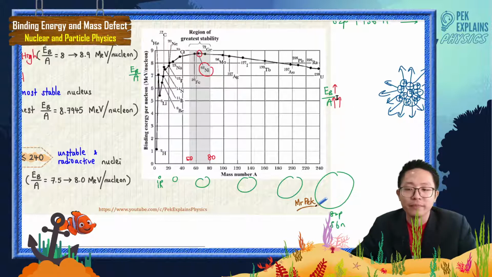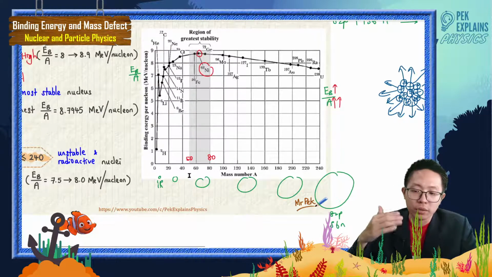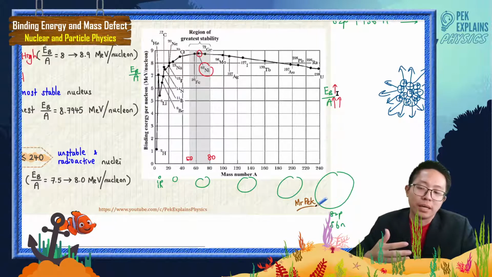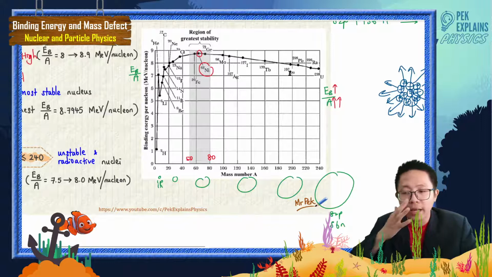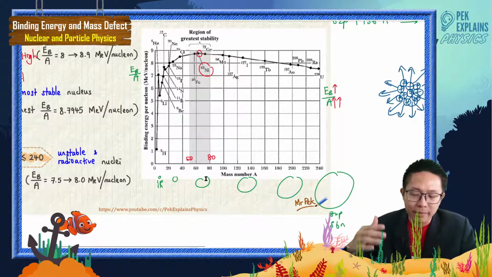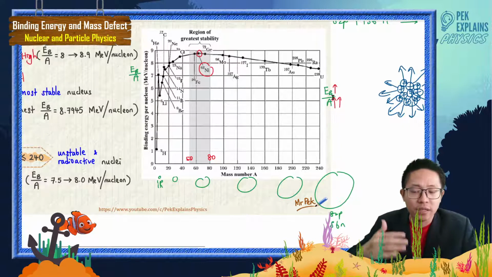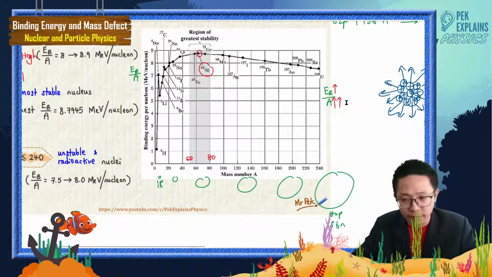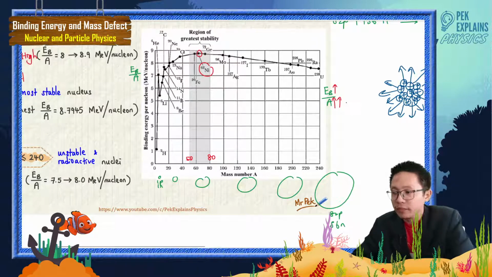You get what I mean? Going to a bigger nucleus, it is supposed to become more stable because of higher binding energy. But when the mass number increases, going to the right, it increases at an even faster rate compared to the binding energy.